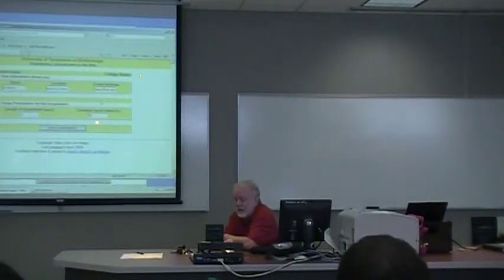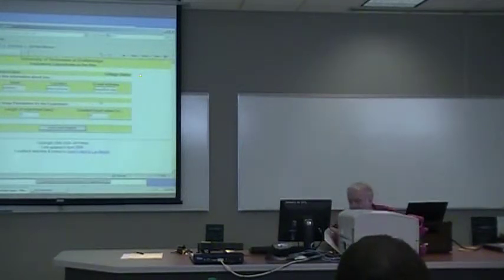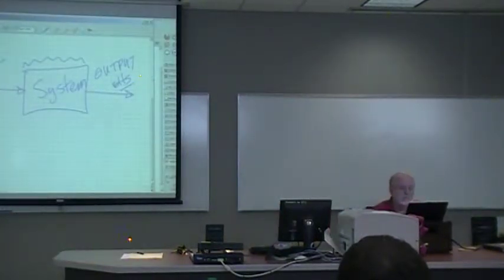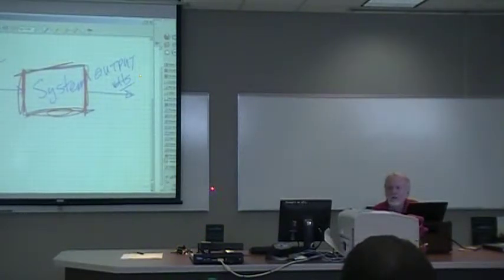By the way, I drew that diagram wrong. I'm going to redraw it. Try to draw the system in red. That means I cannot change it. The input I have total control over. I can put anything there I want to.